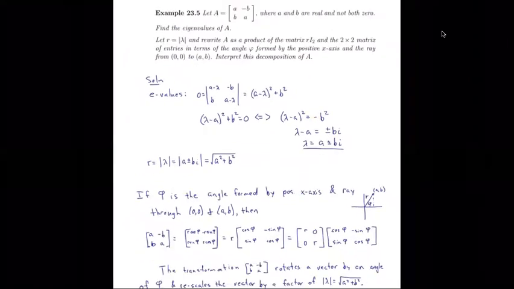Now we define, not to be confused with the determinant notation, the magnitude, which will be called the modulus of this complex number. R is the modulus of lambda, which is the modulus of A plus or minus Bi. And this is nothing more than the distance from the origin of the point A plus Bi or A minus Bi.